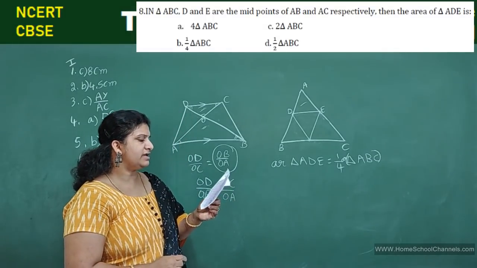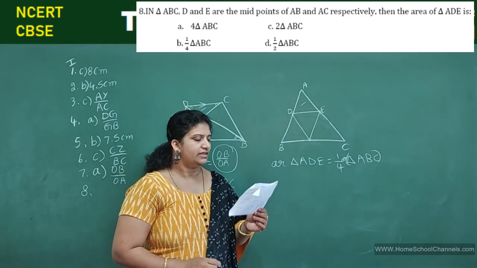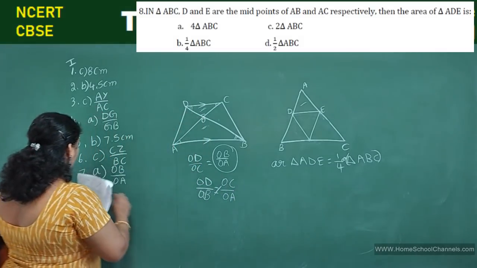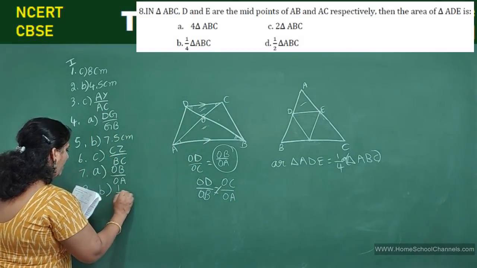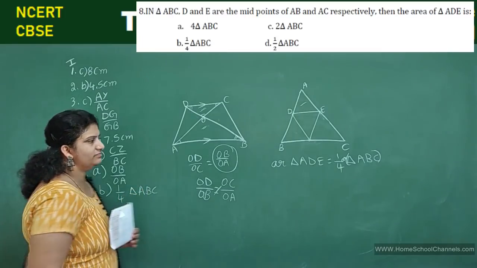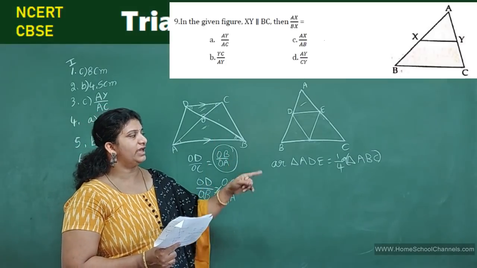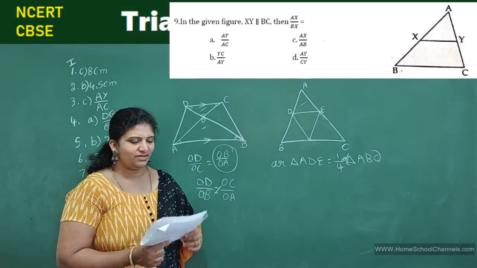Check for the answer here. 1/4 area of triangle ABC, that is your option B.